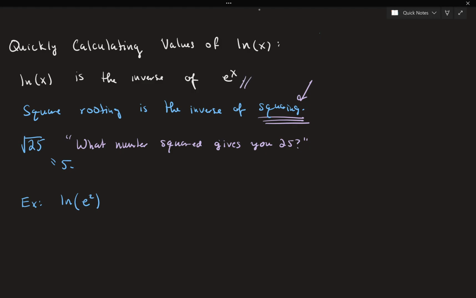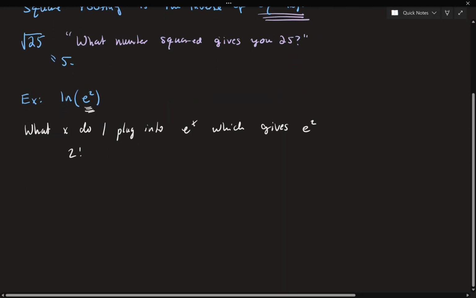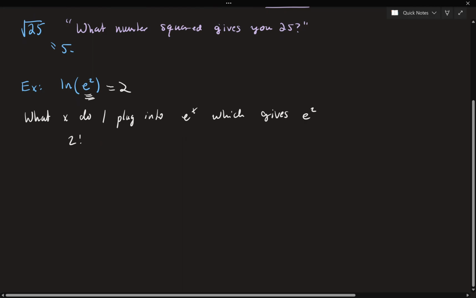So what x do I plug into e to the x which gives e squared? And the answer is 2.